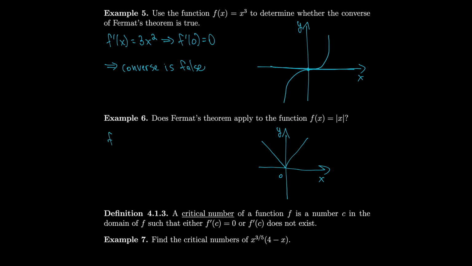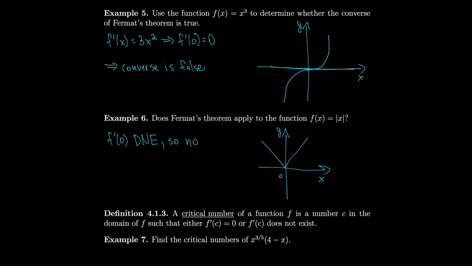So because f prime of 0 does not even exist, Fermat's theorem does not apply. So no. In order for Fermat's theorem to work on any function, you have to have not only a local max or min, but you also have the derivative existing in the first place. Otherwise, how could you possibly say the derivative is equal to 0?